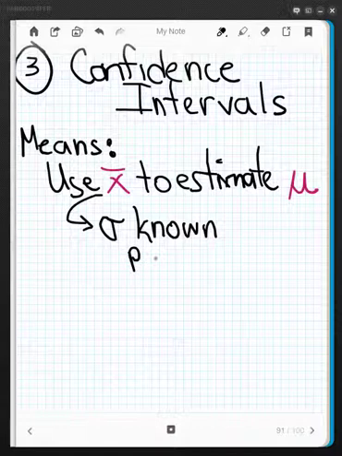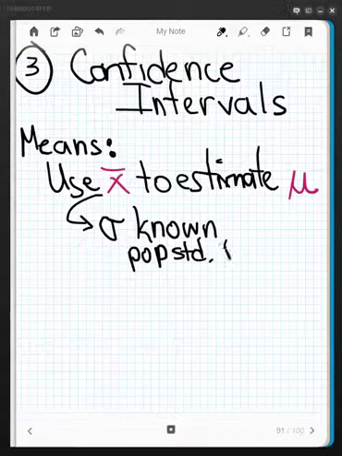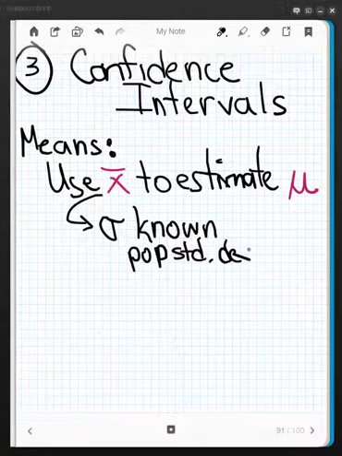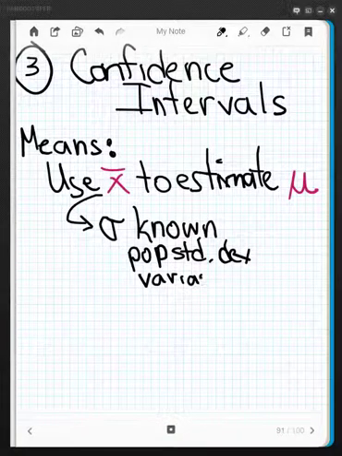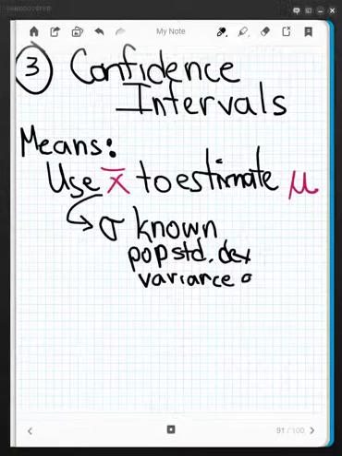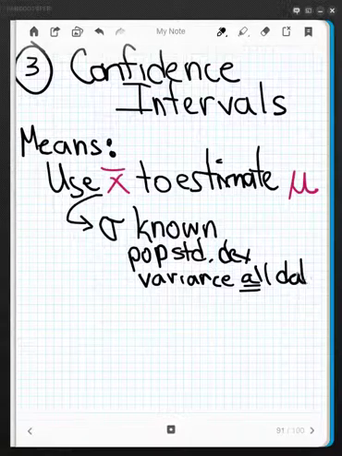You are told it's the population standard deviation, or you're told that it's the variance for all possible points, all data. That's how you know it's a population one. Just because you're told a sample and then you're given mean and standard deviation, you can't assume that it is the population mean. You have to know it as truly the population mean.